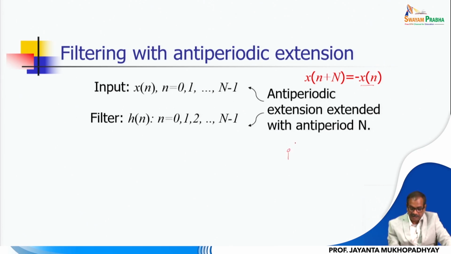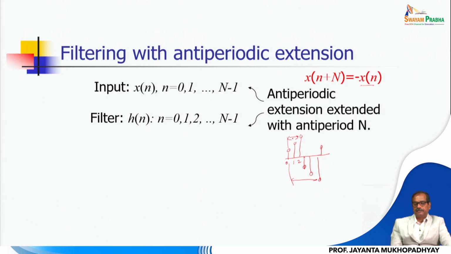So suppose I consider this is my input signal, with n equal to 0, 1, 2, so that my third sample would be, in this case, minus of this. So the next one would be this. So this is my period and this is my anti-period. This we have explained previously also.